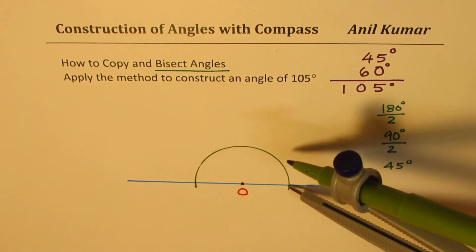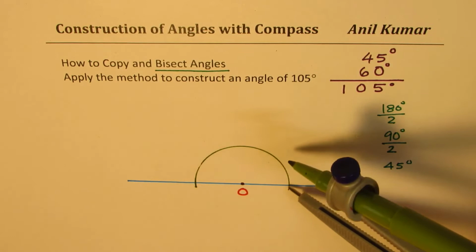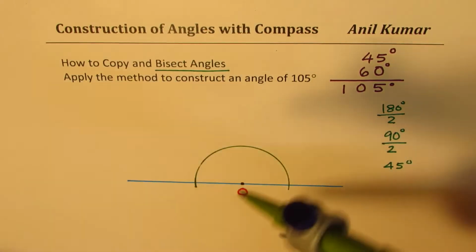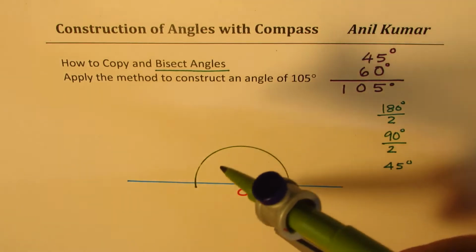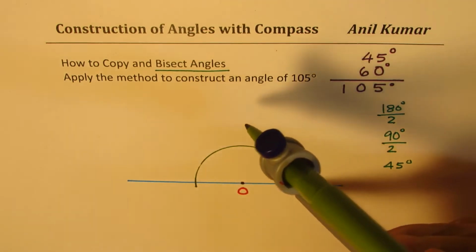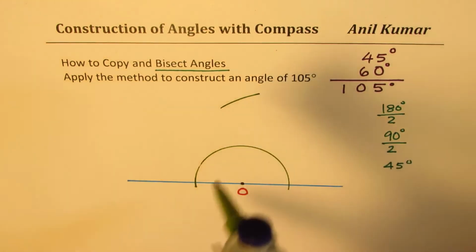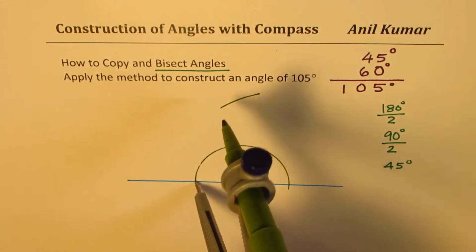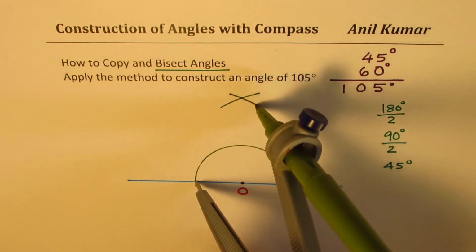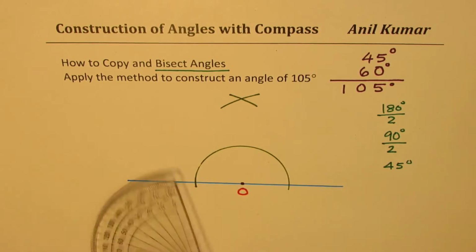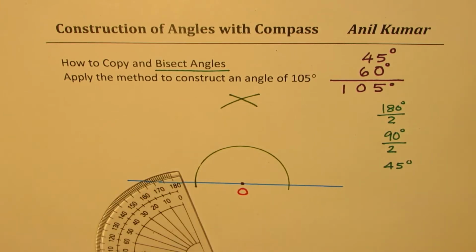So once you cut the straight line at 2 points equal distance away from O, then you enlarge the length of your compass and mark points somewhere in the center from both these points. Once you do that, you have actually made 90 degrees by bisecting 180 degrees.